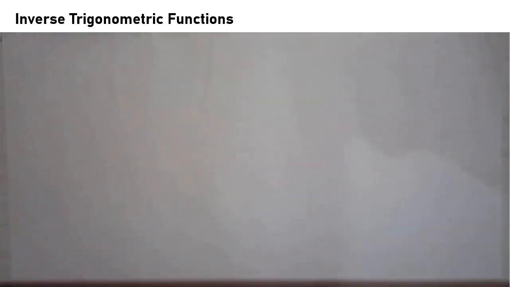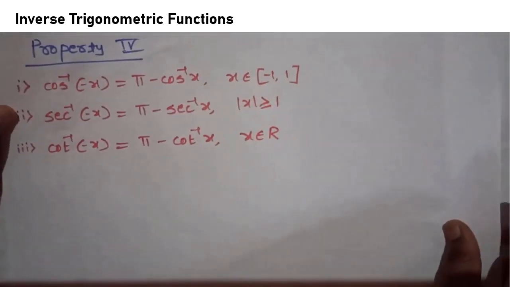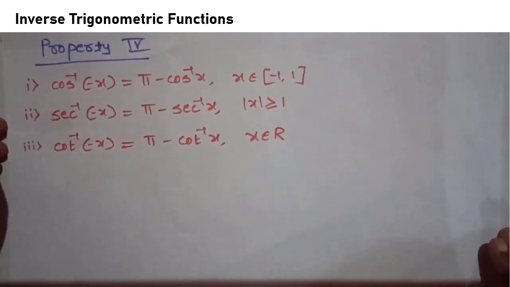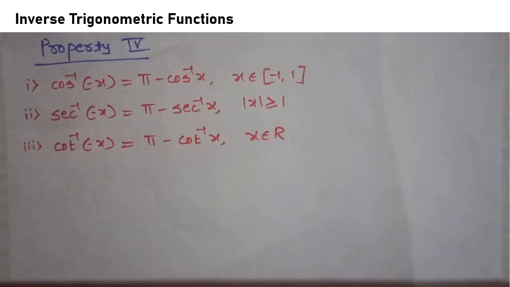The next property, the fourth property: first, cos inverse of minus x is pi minus cos inverse x, where x belongs to the closed interval minus 1 to plus 1.